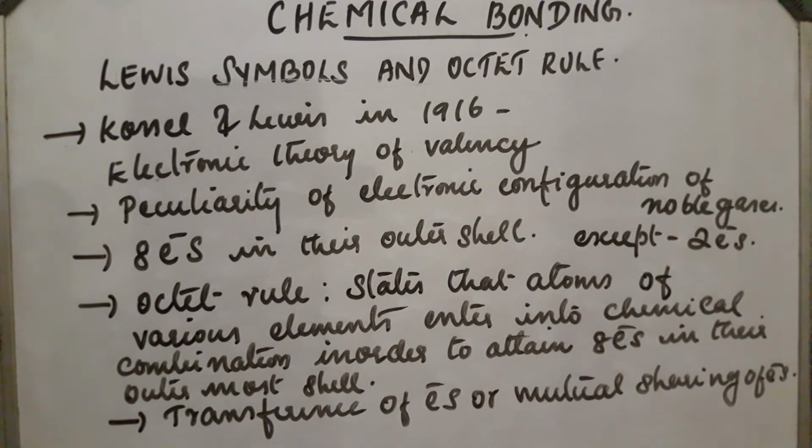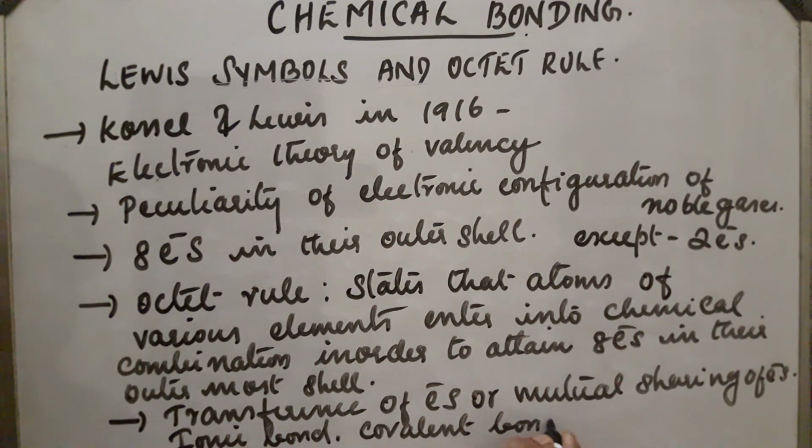So depending upon this, chemical bonds are of different types. Examples of some chemical bonds are ionic bond and covalent bond, etc., which we will study later.